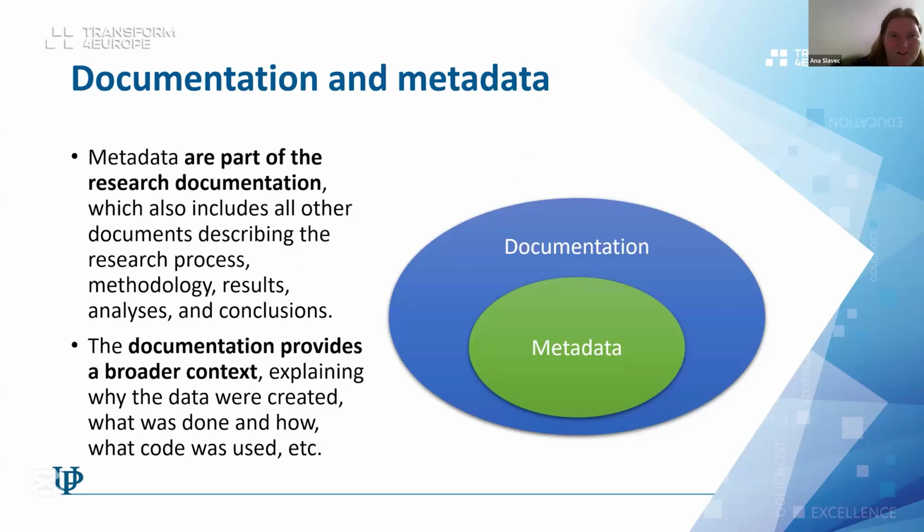Metadata is part of the wider documentation of a study. Metadata is more structured, while documentation can also be non-structured information that we attach to a study. Metadata is structured and organized according to a certain scheme, in a way that it can be machine readable, and its purpose is to help somebody who is looking for data to find that data.